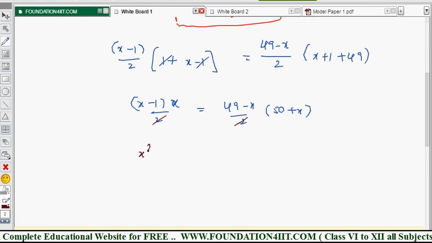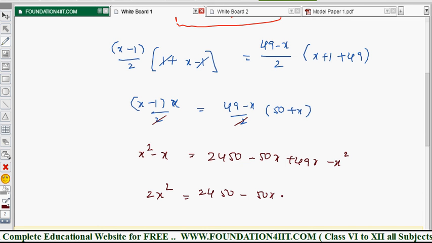Then simplify: x square minus x, and 49 minus x into 50 plus x, that is 49 times 50, which is 2450, minus 50x plus 49x minus x square. Let's simplify both. Taking x terms to one side, 2x square is equal to 2450 minus 50x plus 50x, because minus x is on this side, then these both get cancelled.